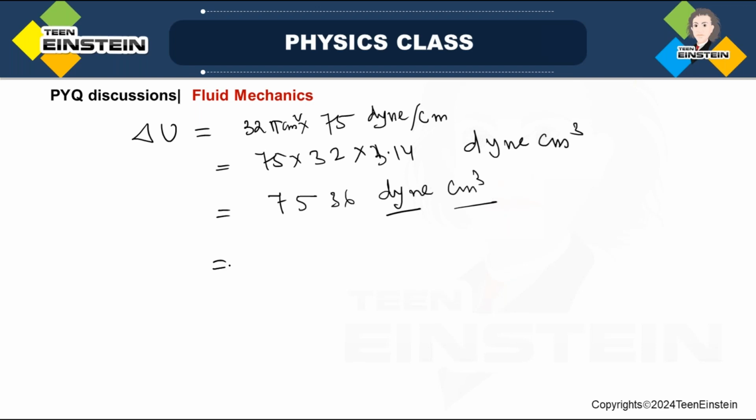One Newton means 10 to the power 5 dyne, so dyne I have to write as 10 to the power minus 5, that is fine.